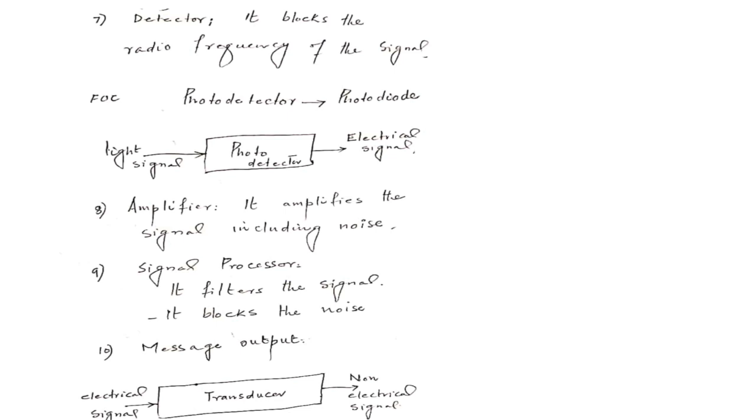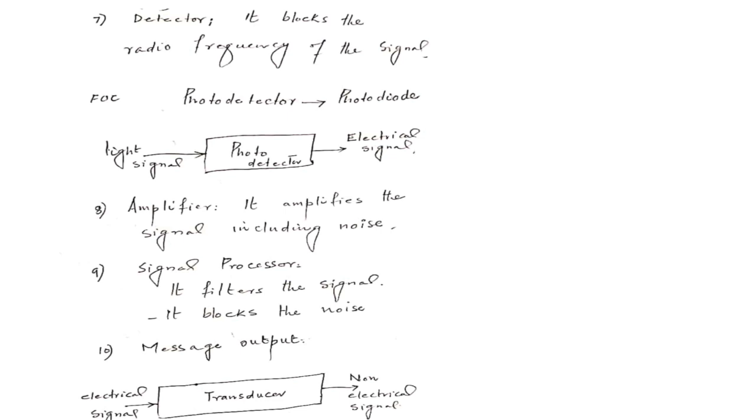In a digital communication system, the signal processor contains a circuit that is known as a decision-making circuit. This decision-making circuit inside the signal processor decides whether bit 1 is received in a particular time slot or bit 0 is received.